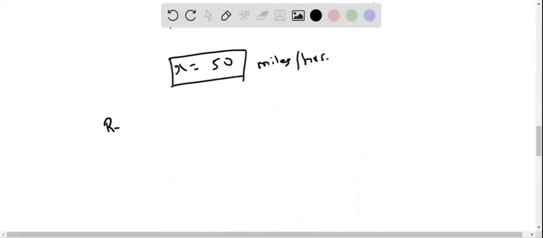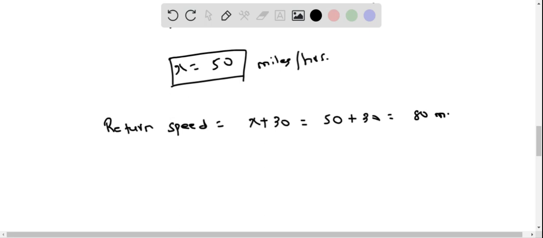The return speed equals x plus 30, which means this will be 50 plus 30 equals 80 miles per hour. So this is the speed of the return trip.